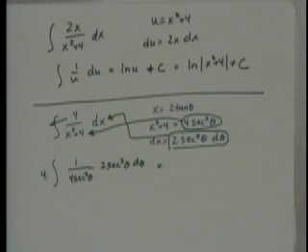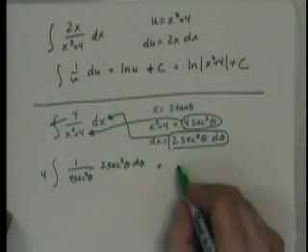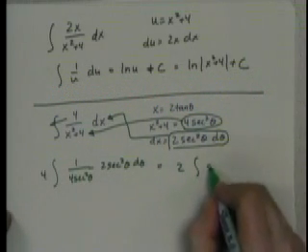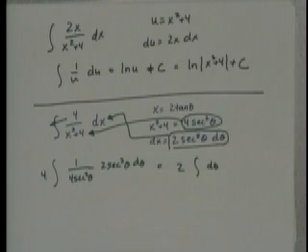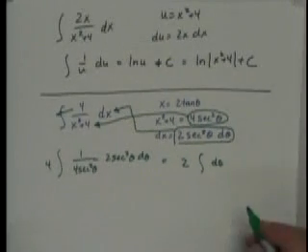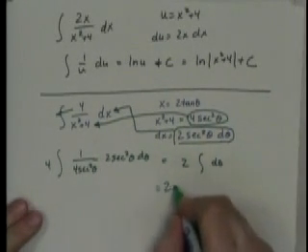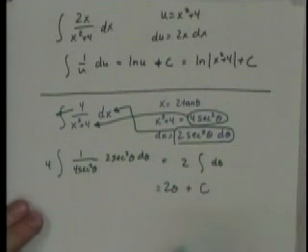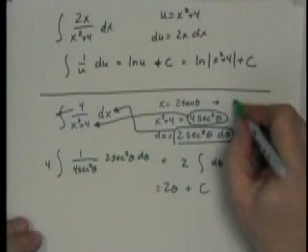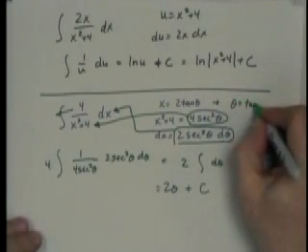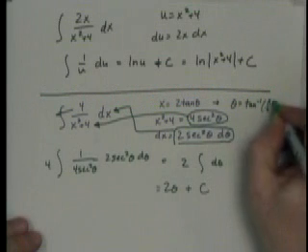I end up with a half on my coefficients times the 4 out front, so I end up with 2 times the integral of d theta. Secant squareds cancel. So this is 2 theta plus c. Theta is the inverse tangent of x over 2.